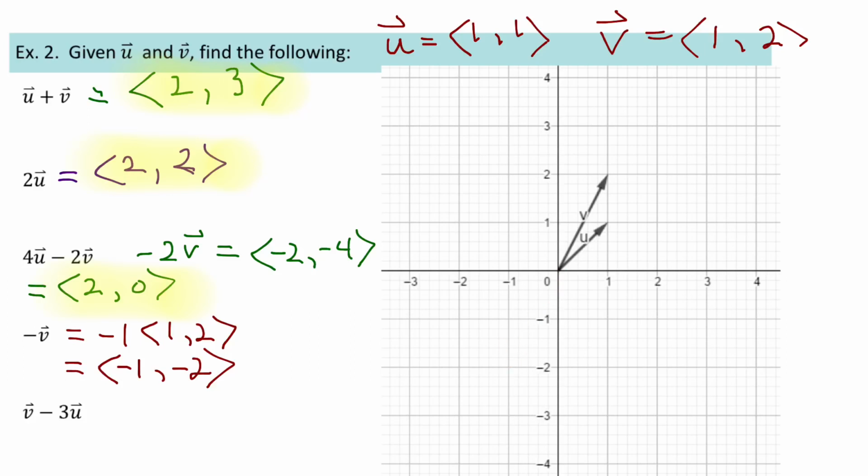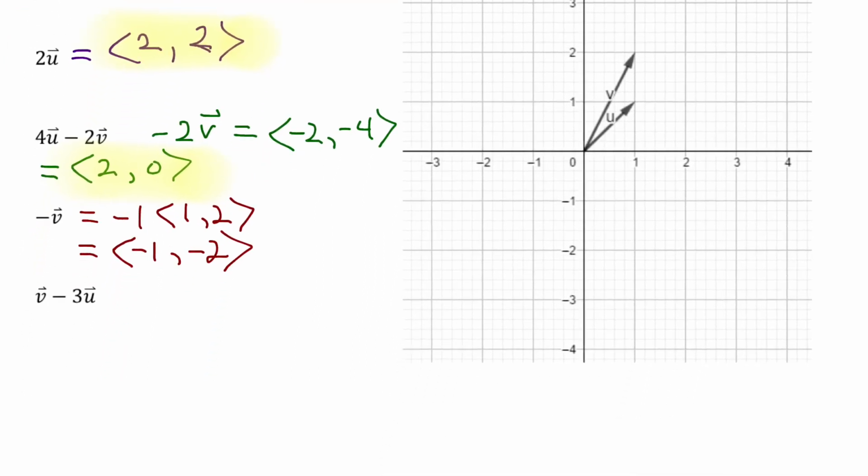So the last one here I'm going to do in two different ways. I'm going to set up the math and then do the vector addition diagram. So if I'm looking at V minus 3U, I'm going to take the vector V, which was 1, 2. I'm going to subtract 3 times the vector U, which was 1, 1.